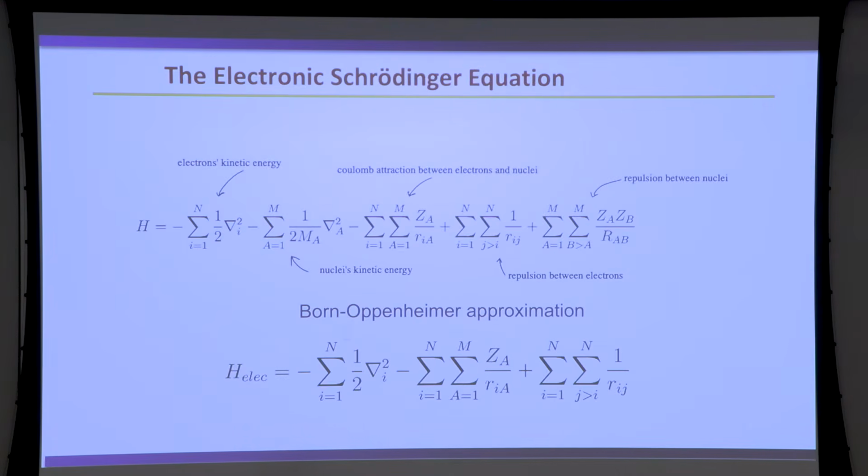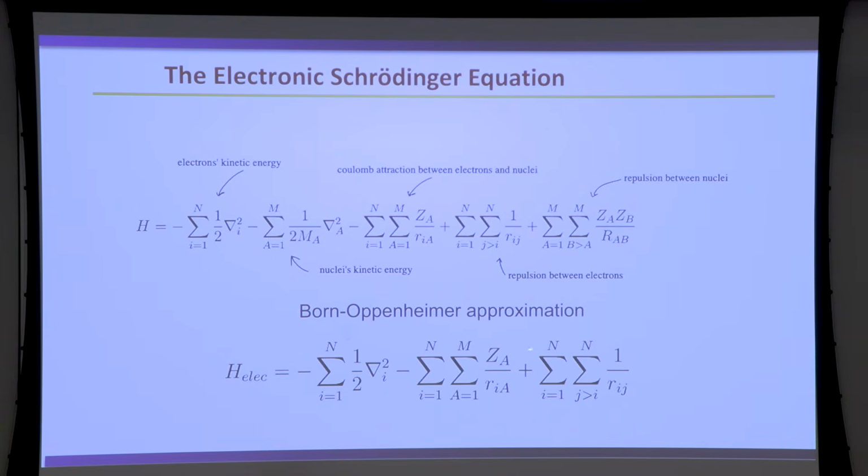And so more specifically, this H that I was mentioning, the Hamiltonian, has components. The first term is the kinetic energy of the electrons. The second is the kinetic energy of the nuclei. This is the Coulomb attraction between electrons and nuclei. Then you have repulsion between electrons and repulsion between nuclei.